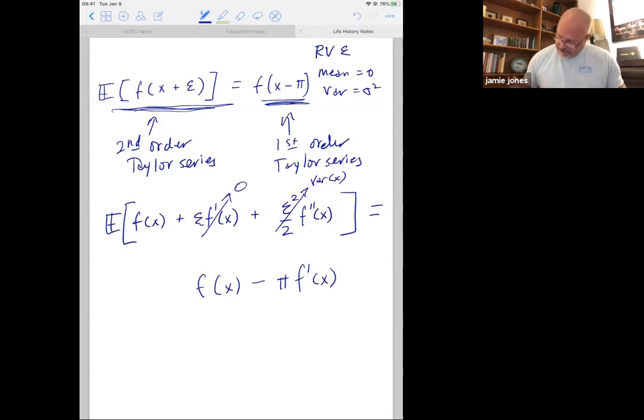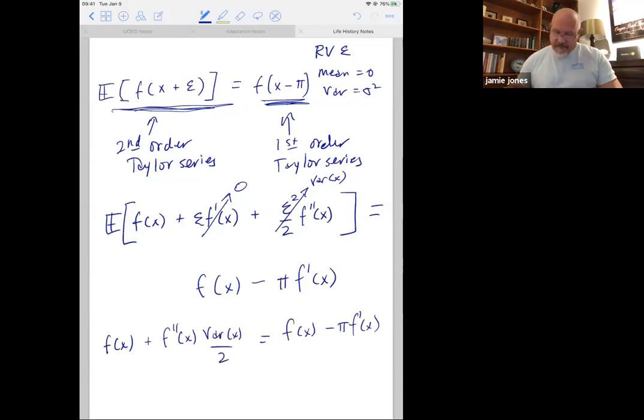So let's just rewrite this. So now we have f of x, because the expectation of just a number, f of x, is itself. Zero plus f prime of x times the variance of x over 2 equals f of x minus pi times f prime of x.